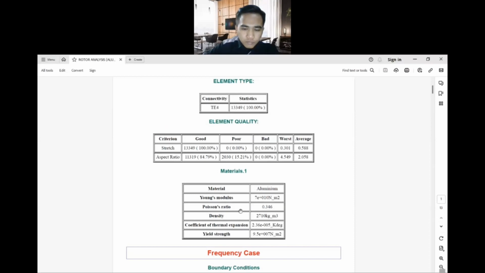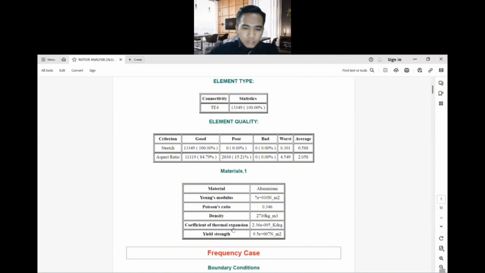The unit is Newton per meter squared. Next is the Poisson ratio. The Poisson ratio for aluminium is 0.346 and the density is 2710 kilograms per meter cubed. Next, the coefficient of thermal expansion for aluminium is 2.36 power of 5 per kelvin.